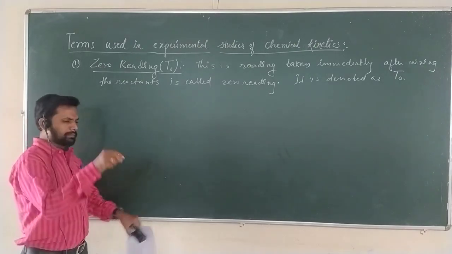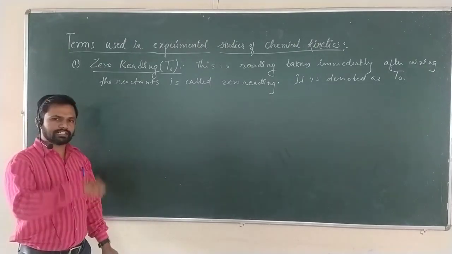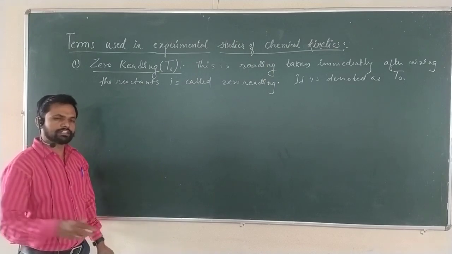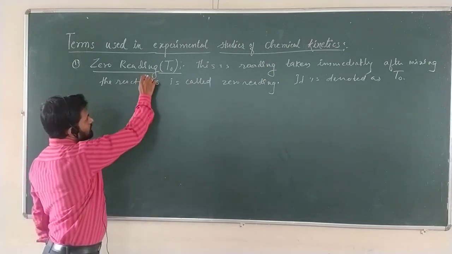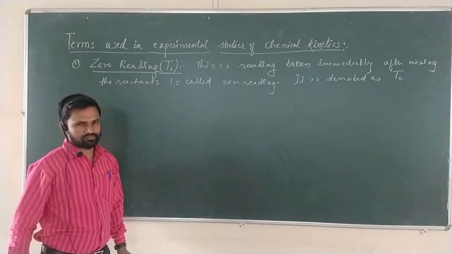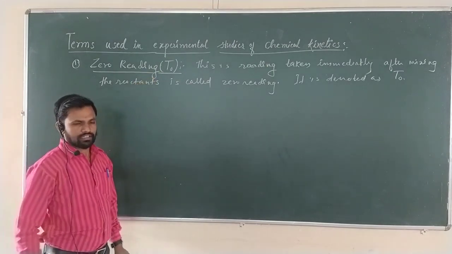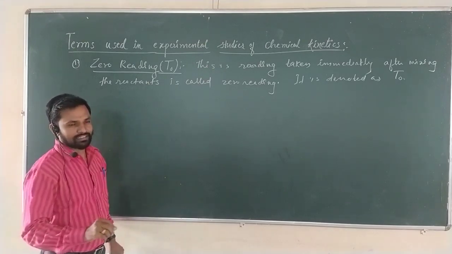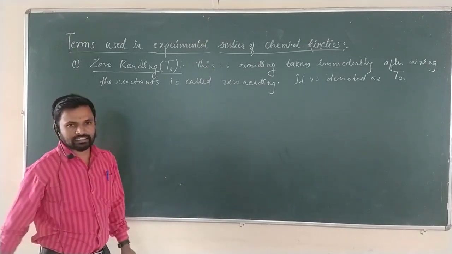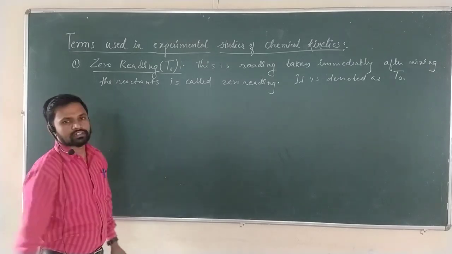As soon as you mix, you pipette out and titrate a certain amount against a certain titrant. The zero reading is nothing but the reading at zero time. At zero time, immediately, t equal to 0, the reading taken is called the zero reading.